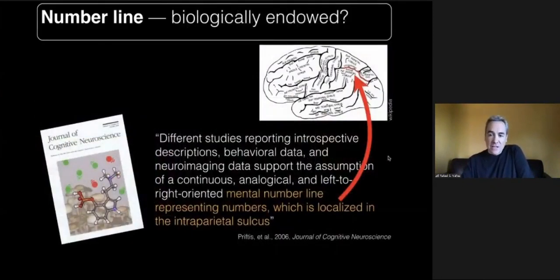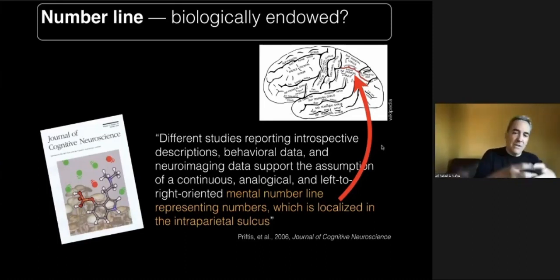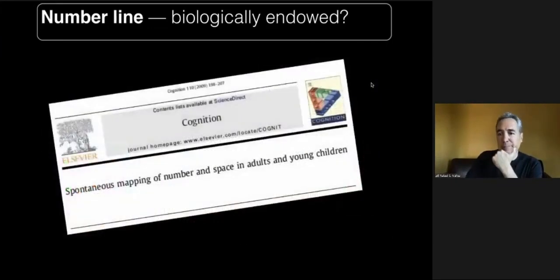Now, the fact that the number line is ubiquitous has led some cognitive neuroscientists and other people to postulate that the mental number line, or the representation of numbers, is actually localized in the intraparietal sulcus. So with a specific anatomical hypothesis. So a little bit, again, is happening, okay, now the number line is somehow biologically endowed.